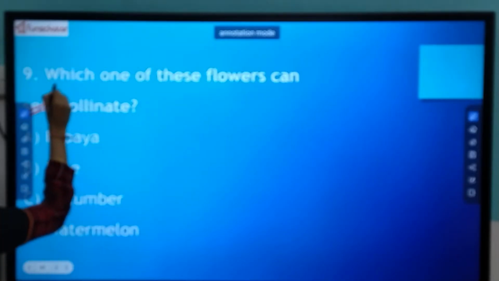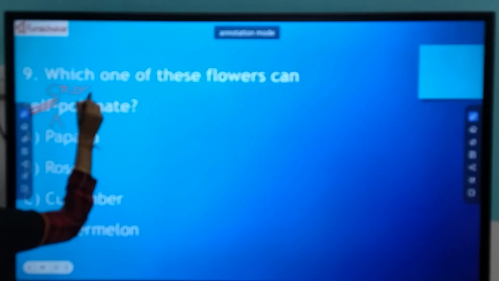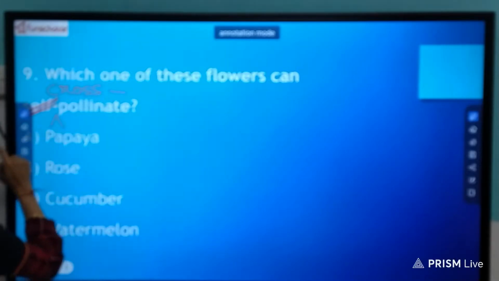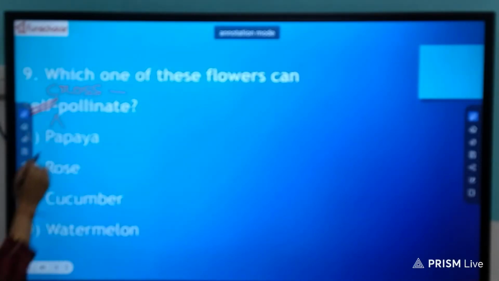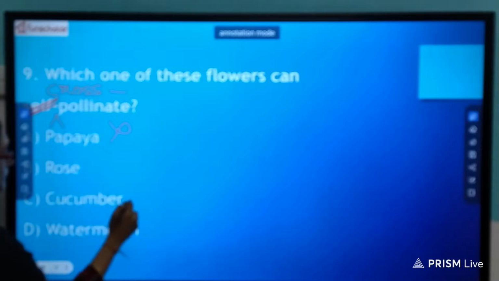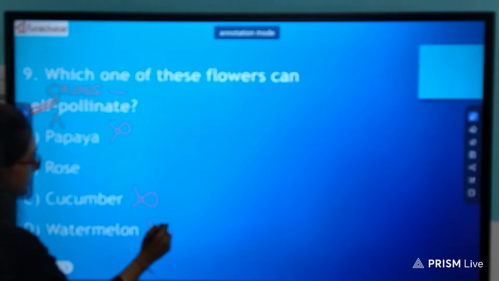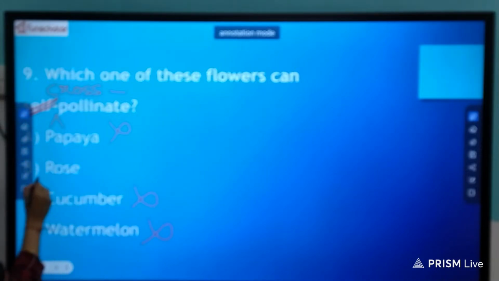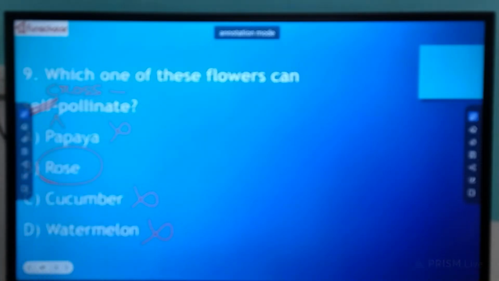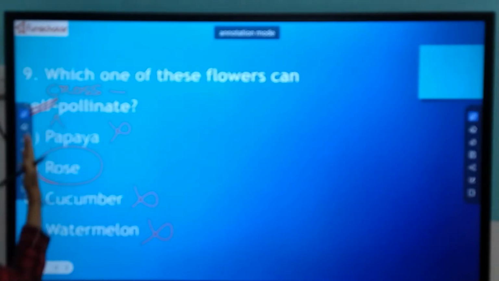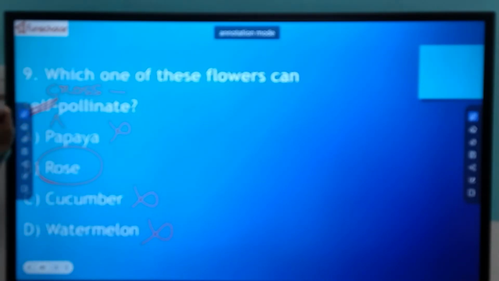The question will be which of these flowers can cross-pollinate? Papaya? No. Cucumber? No. Watermelon? No. Then who can cross-pollinate? Rose. Just before some time, I have already told you that rose is the best example of cross-pollination. So it is a misprint over here. So make this correction. Okay, clear?